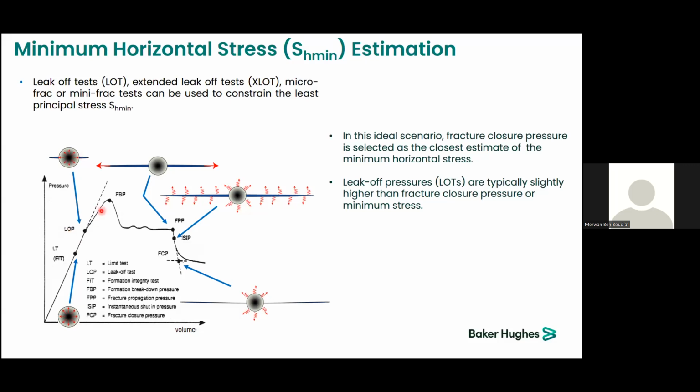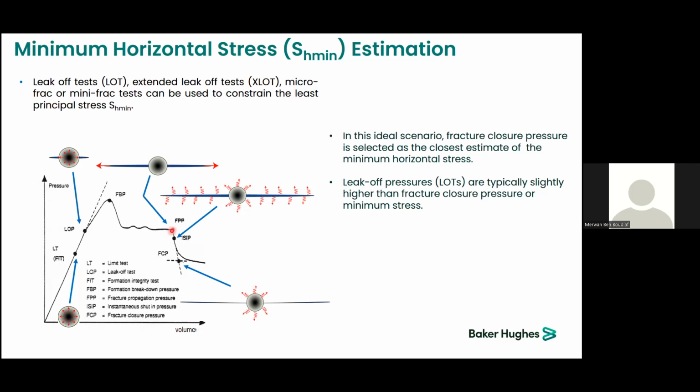Then when you keep increasing pressure, at a certain point you are breaking the formation. Here you didn't yet break, you're just initiating small fractures. Now it is a full breakdown of the formation, so this is the formation breakdown pressure. You are pumping a few more barrels in order to propagate this fracture as far as possible from the borehole.